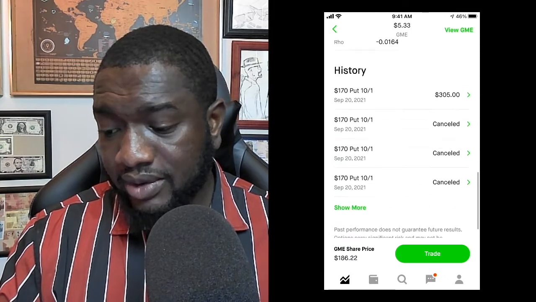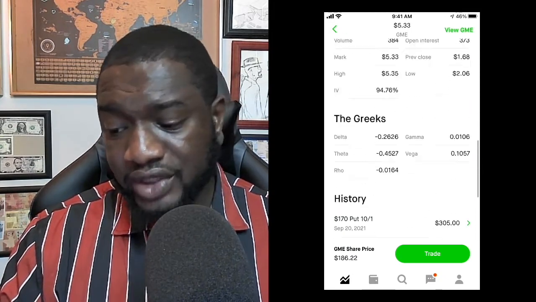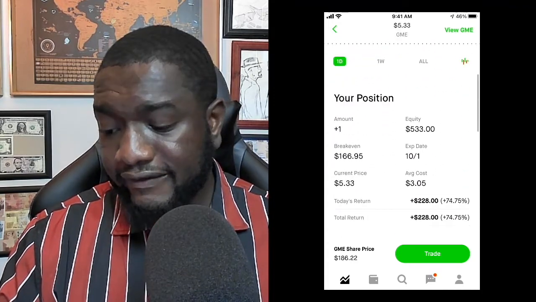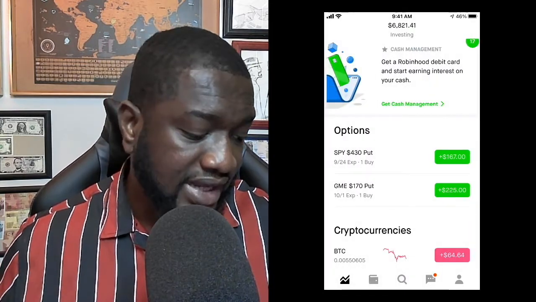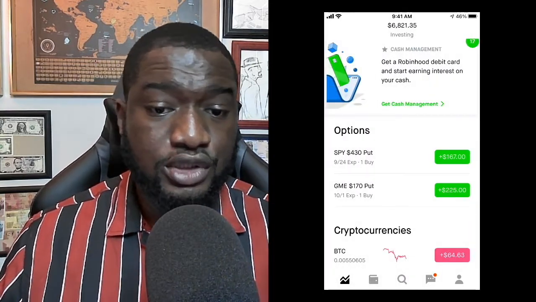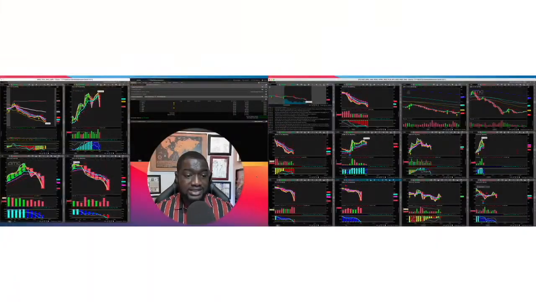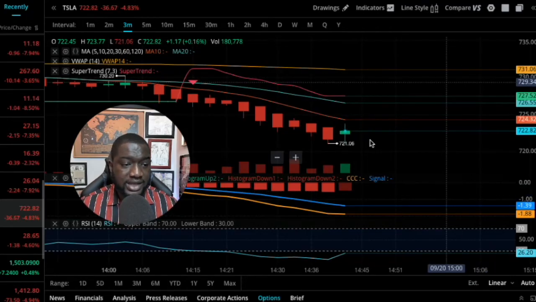Like this one now, I placed a trade. I spent $305, and so far that $305 is now worth $533, based off of the fact that I'm able to use charts like this to evaluate the markets. This is my main chart, and then I use this one as the second one.